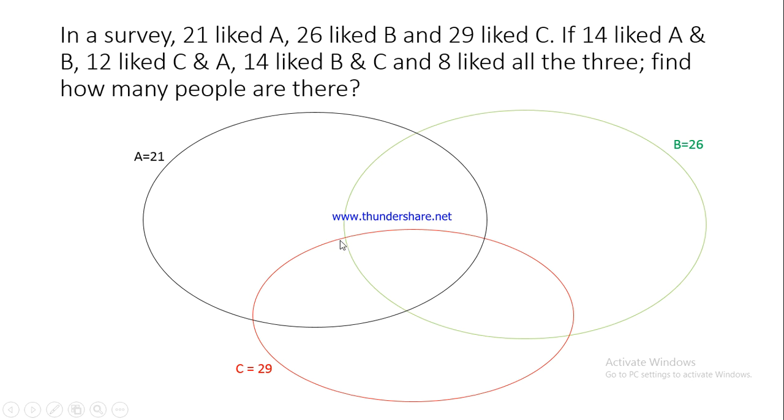This area, it also lies in the circle B, and this also lies in the circle C. Now this is the intersection of A, B and C. A intersection B intersection C, right? So now this is how you can find out what a particular area is denoting, right?